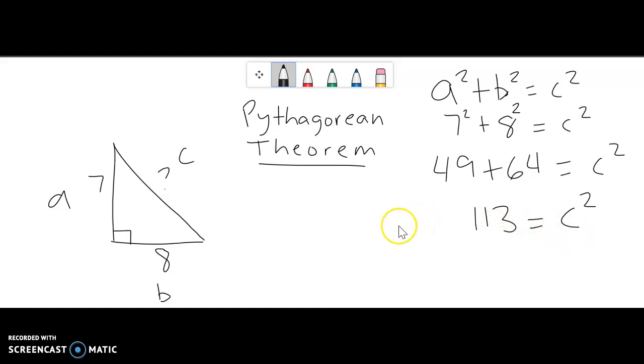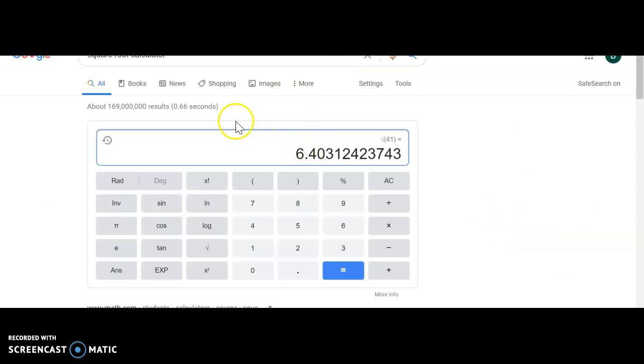And then the last step you're going to do is you're going to try to get C all by itself, and C is being squared. So if you want to get rid of this little squared, the opposite of squaring something is square rooting it. So we're going to square root both sides. You're going to have C equals whatever the square root of 113 is. I'll go ahead and try that out on my calculator here.